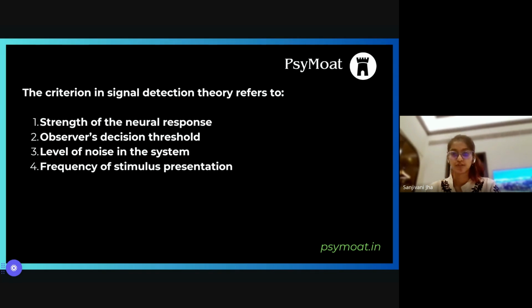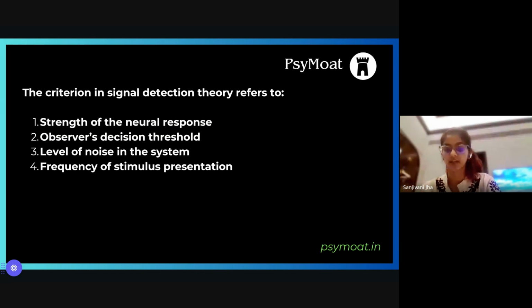So we understand what signal detection theory is. In signal detection theory, we are trying to see what is the observer's threshold of detecting. There are four outcomes that could happen.